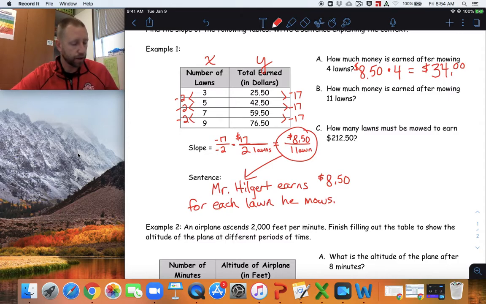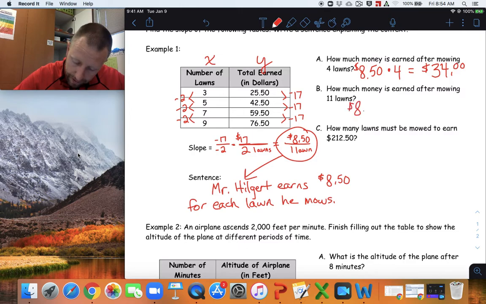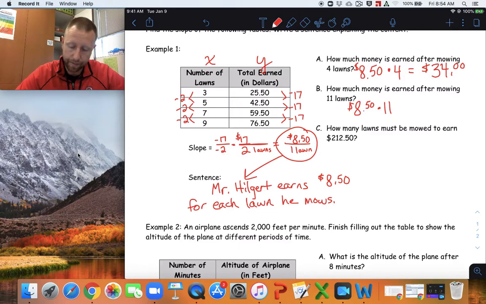Now for the next one, same thing. Since I know what I earned for 1 lawn, finding for 11 lawns, all I have to do is multiply that by 11. So I'm going to write that out, $8.50 times 11. And for that, I would earn a total of $93.50.